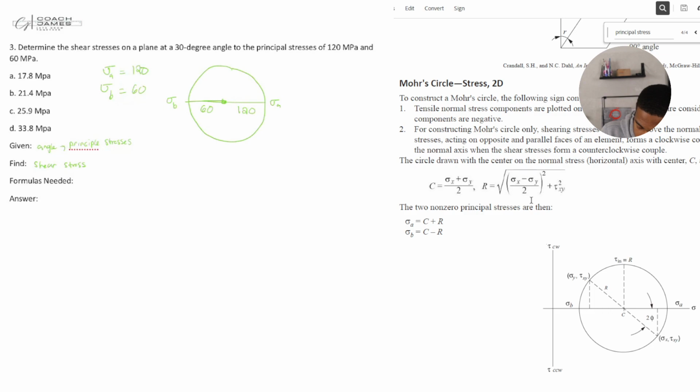And so what is R? R is equal to the center of that, right? The centerpiece of that, according to my circle, right? So I'm going to say R is equal to 60 plus 120. Does that make sense?